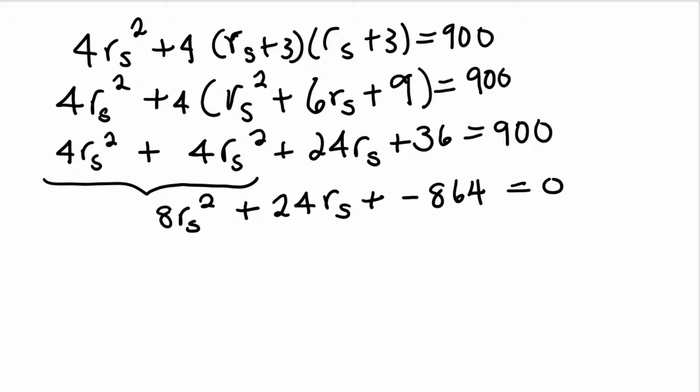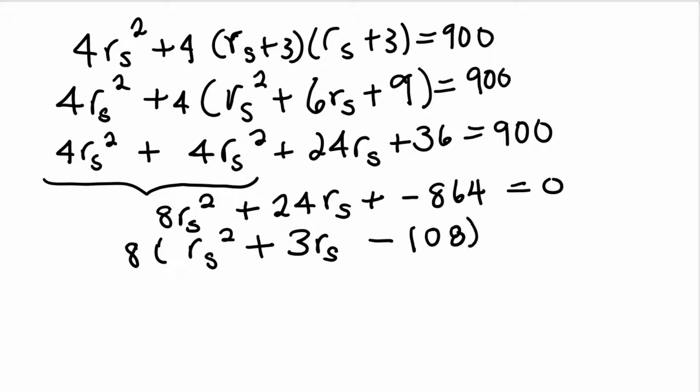That's equal to 0. 8 is common to each of the three terms on the left-hand side. We can factor out the 8. Then the first term is just RS squared. 24 divided by 8 is 3, RS, the rate going south. And 864 divided by 8 is 108.